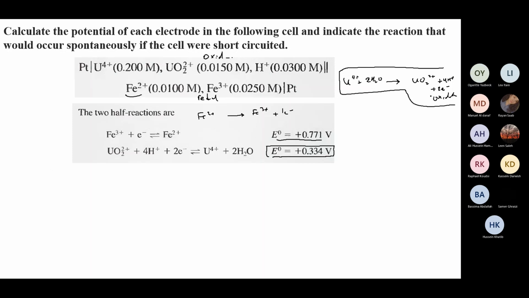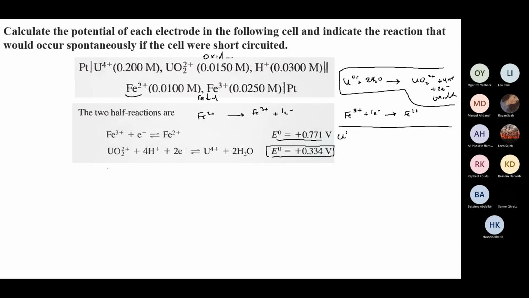Great. But let's write for a moment. So the real reaction here is Fe3 plus one electron goes to Fe2 plus. These are the real two reactions taking place. For a moment, I want to write the overall reaction actually taking place. The overall reaction actually taking place is the addition of these two.